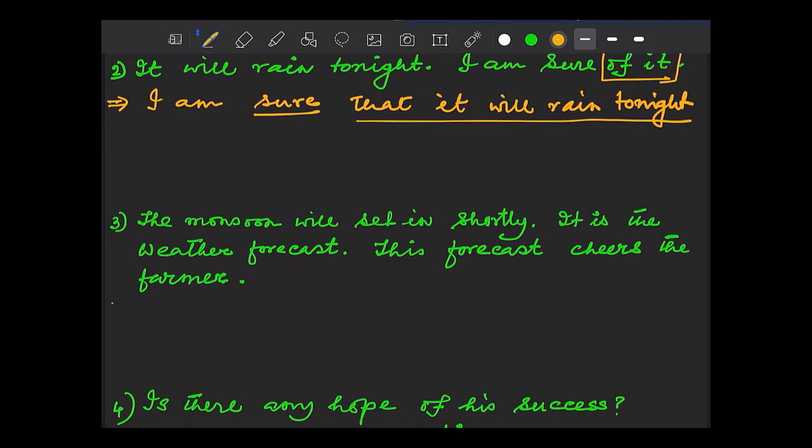Number 3, the monsoon will set in shortly. It is the weather forecast, and this forecast cheers the farmers. So this forecast means this weather forecast cheers the farmers. So write these two sentences, combine these two sentences first.